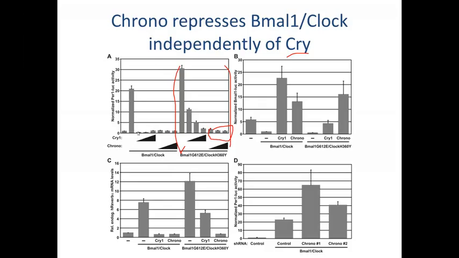So here's CRY1, which is a strong repressor of CLOCK and BMAL. Here is Chrono, which is a strong repressor, less strong than CRY1, but still a strong repressor of CLOCK and BMAL. And in the CRY insensitive CLOCK and BMAL versions, these point mutations, 612 to E or H360 to Y of CLOCK, Chrono still works practically the same way.